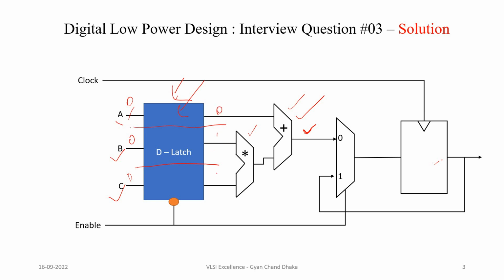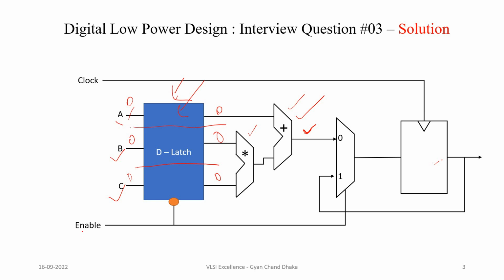So the latch output is 0, 0, 0, and it is static at the inputs of the multiplier and adder circuits. So during the time the enable signal is high, the data at the input of the multiplier and adder are static, and hence there is no switching activity happening inside the multiplier and adder hardware, and hence there is definitely going to be dynamic or switching power reduction.